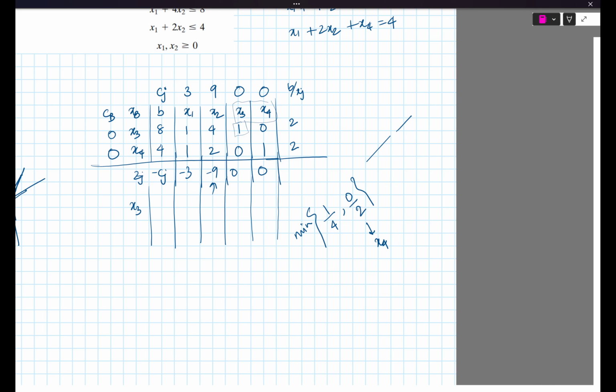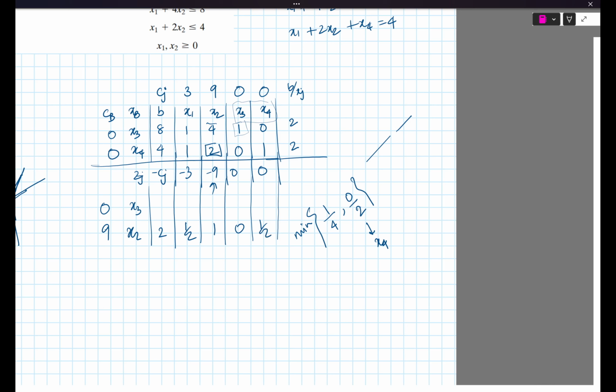So he said x4 will depart now and x2 will come in. So you have 9 and x3 is 0. This will be the pivot. Divide by 2: 1 by 2, 1, 0, 1 by 2.